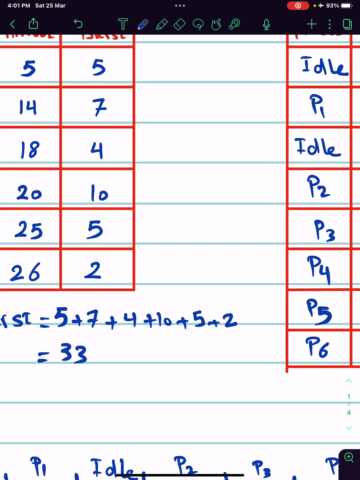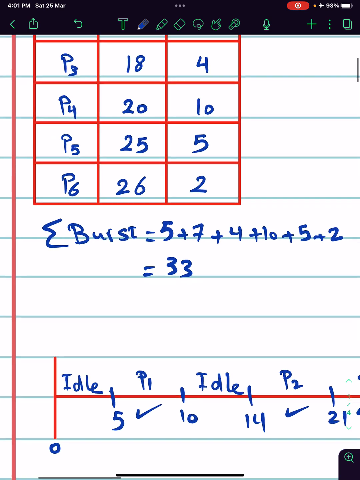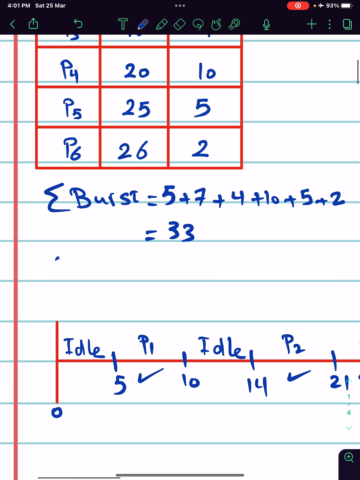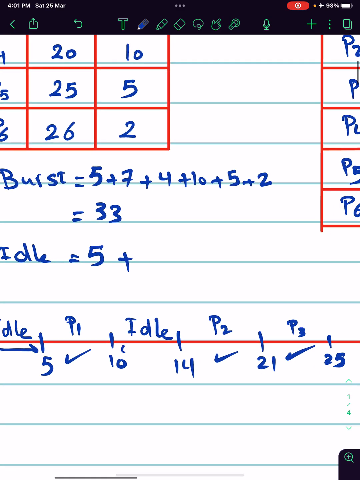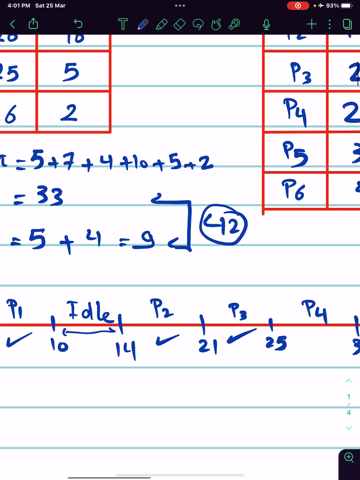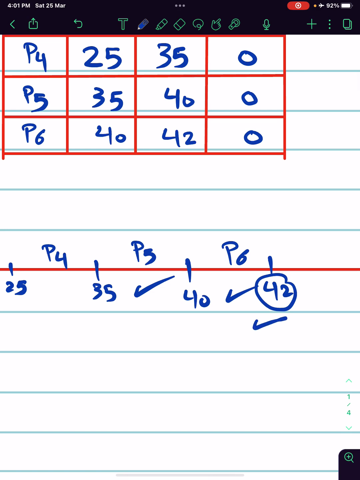That's the sigma of all the bursts. Don't forget that we have two idles. Let's do the sigma of idles. This is going to be 5, the 5 from 0 to 5, plus an idle from 10 to 14. So this is going to be 9. So the total time is going to be 33 plus 9, that would be 42, which is correct.